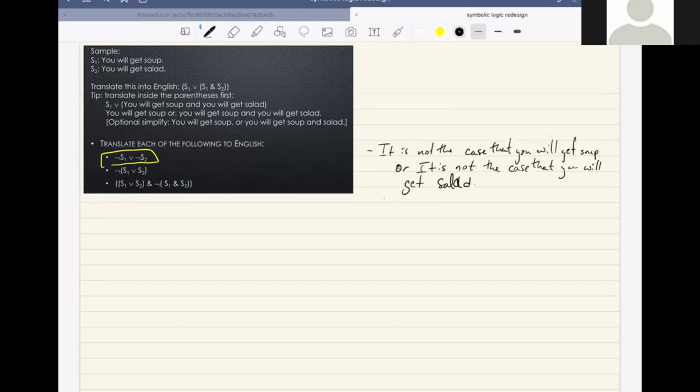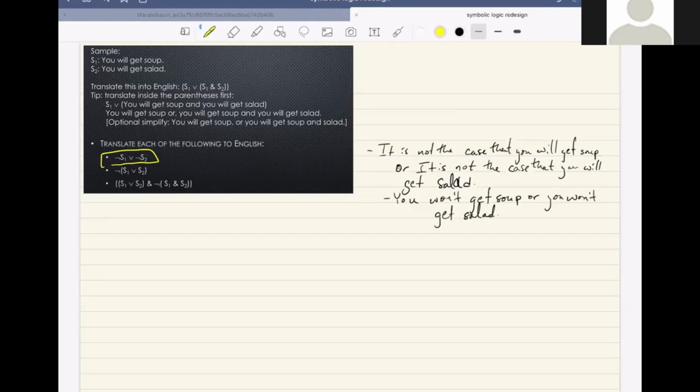Or to put it more colloquially, we might say, you won't get soup, or you won't get salad. So that's the first one.